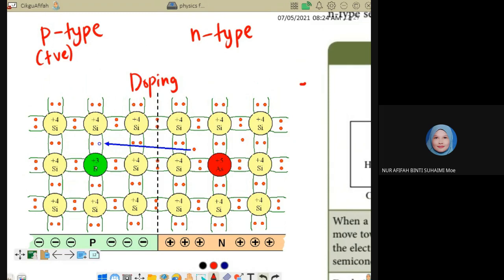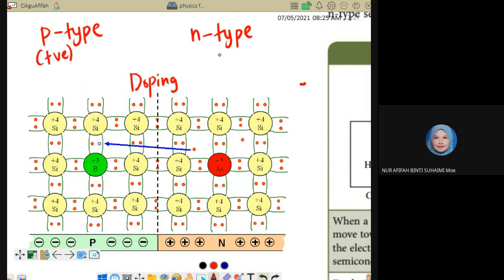So 4 and 3 make a hole. When combined together, it produces a hole, giving a p-type semiconductor.